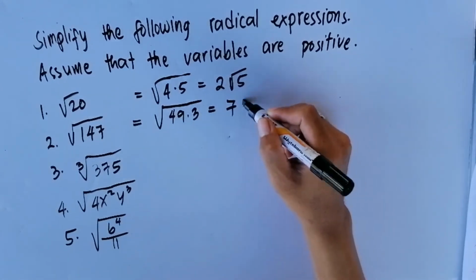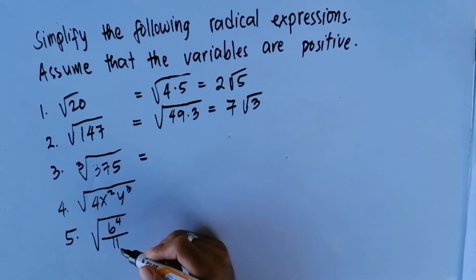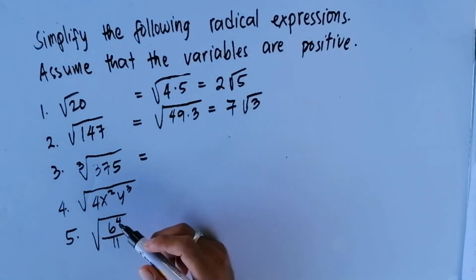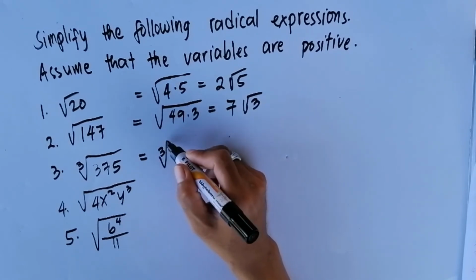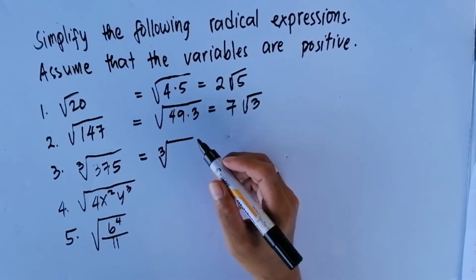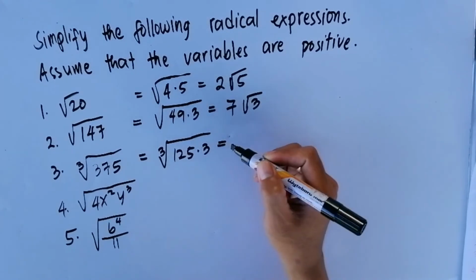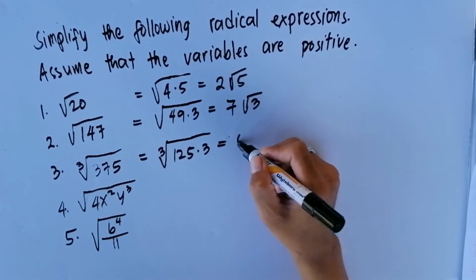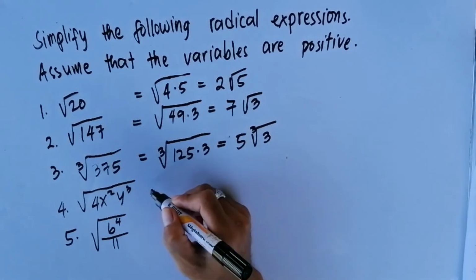That is 7 times the square root of 3. Number 3, the cube root of 375, that is the cube root of 125 times 3, that is 5 times the cube root of 3.